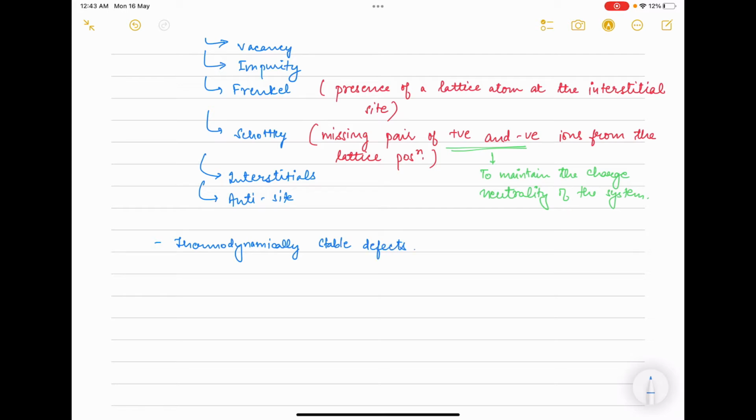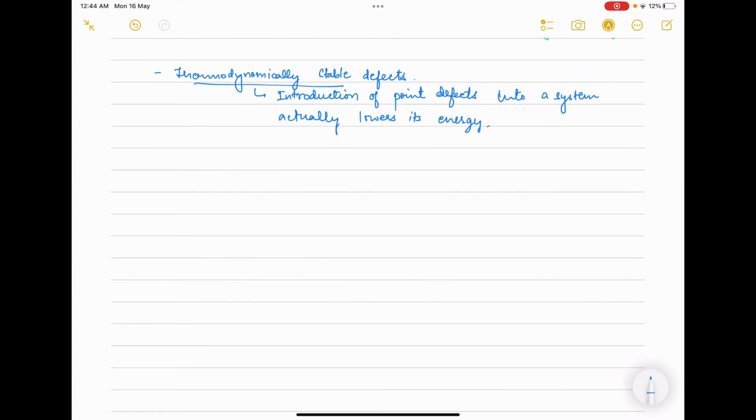So, in very simple terms, we can say that they're thermodynamically stable because introduction of point defects into a system actually lowers its energy, and the lower the energy, the higher the stability. So let us define point defect in detail, or more technically.